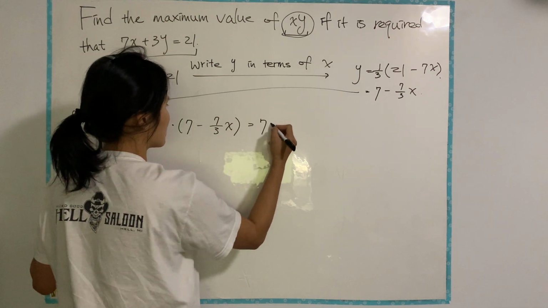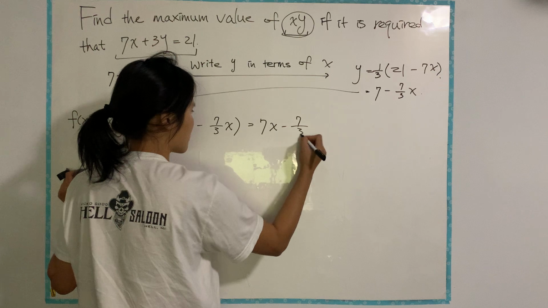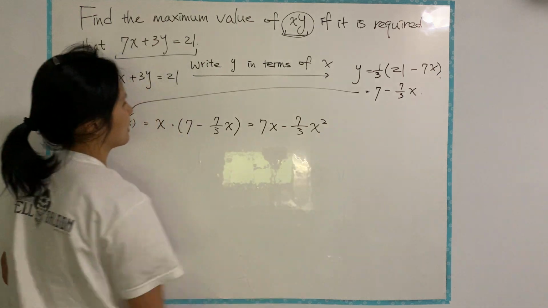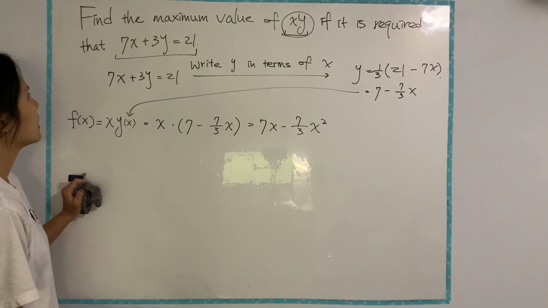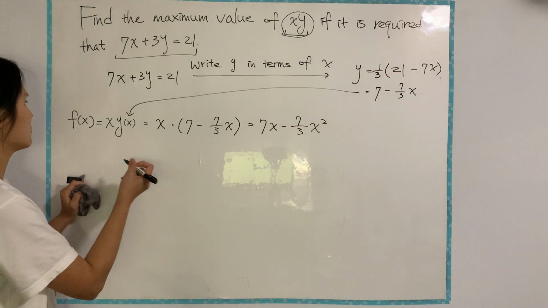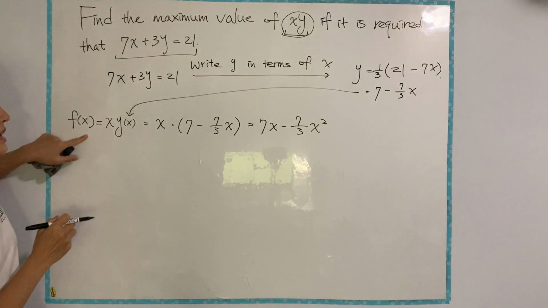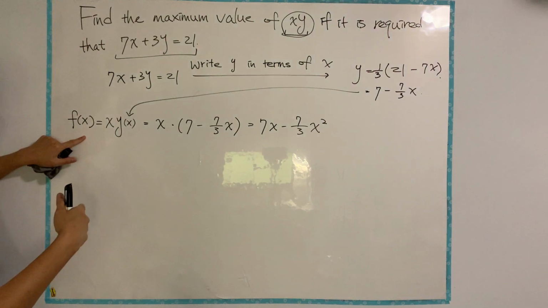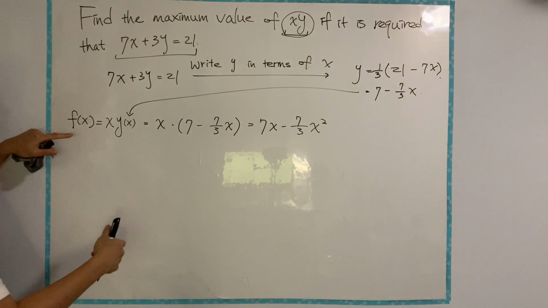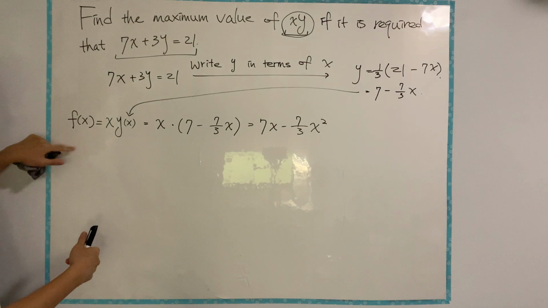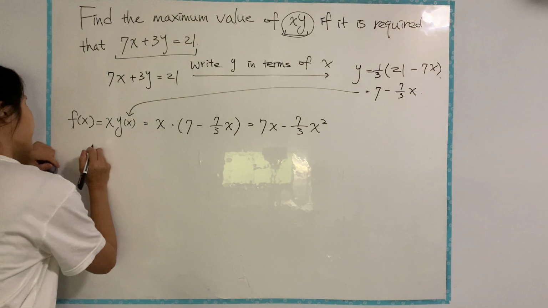So together, this is 7x minus 7/3 x squared. All right. So what's our goal then? We want to find the maximum value of this function f of x. I write this f of x just so it has a name, and I can use the name. Say I want to find the derivative of this function and such and such.